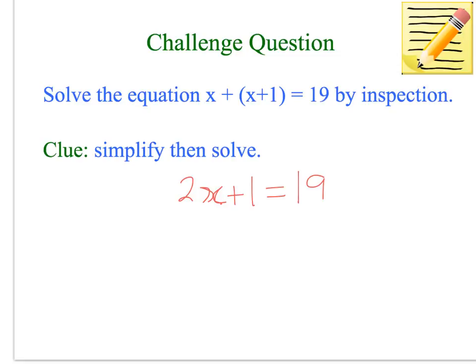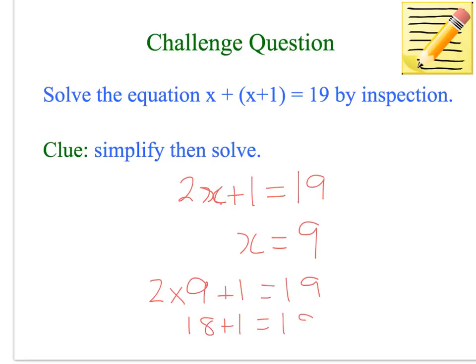So 2 times 9 equals 18, so x equals 9. Let's put this into the equation: 2 times 9 plus 1 equals 19. So 2 9s are 18, plus 1 equals 19. Yeah, that's right. Well done if you got that answer.